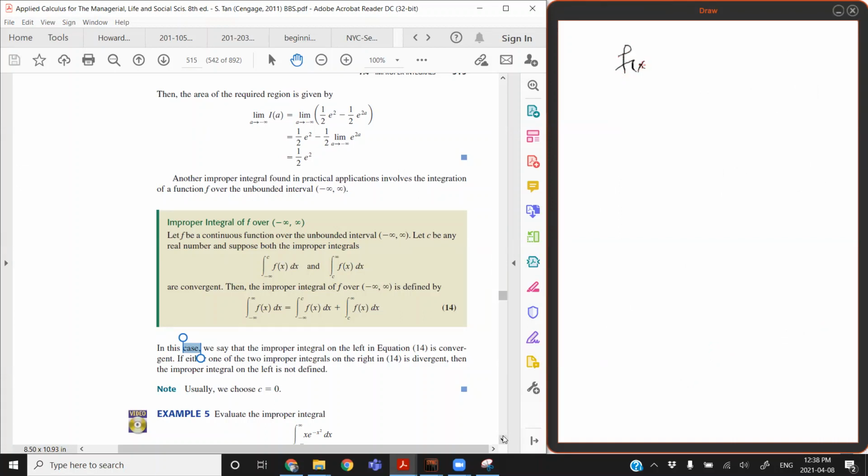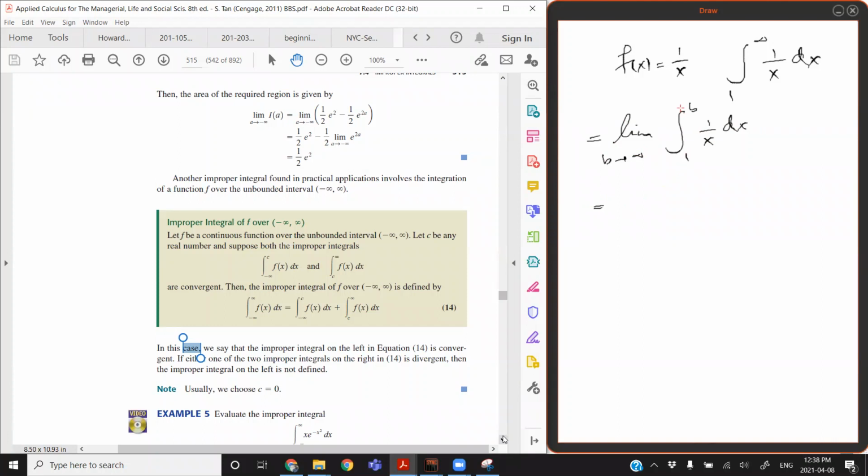So for the function f of x equals 1 over x, the integral from 1 to infinity of 1 over x dx. For this one, we wrote that in terms of a limit. The integral from 1 to b of 1 over x dx as b approaches infinity.